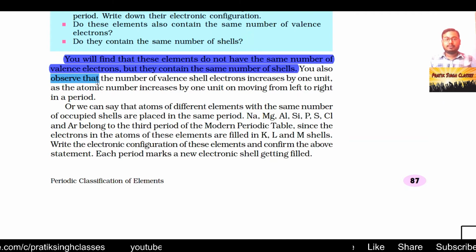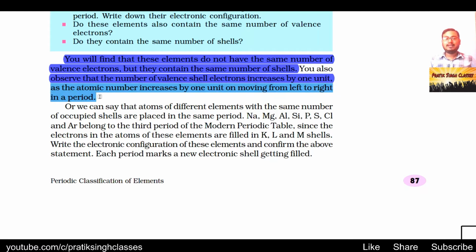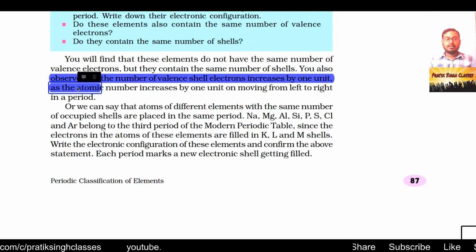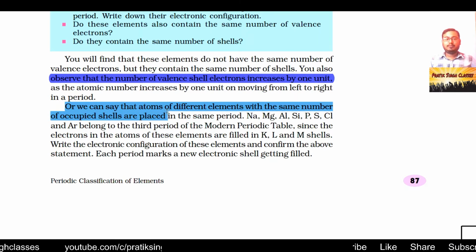You also observe that the number of valence electrons increases by 1 unit as you go from left to right across a period, as the atomic number increases by 1 unit. That is the reason why it happens. Next, we can say that atoms of different elements with the same number of occupied shells are placed in the same period.